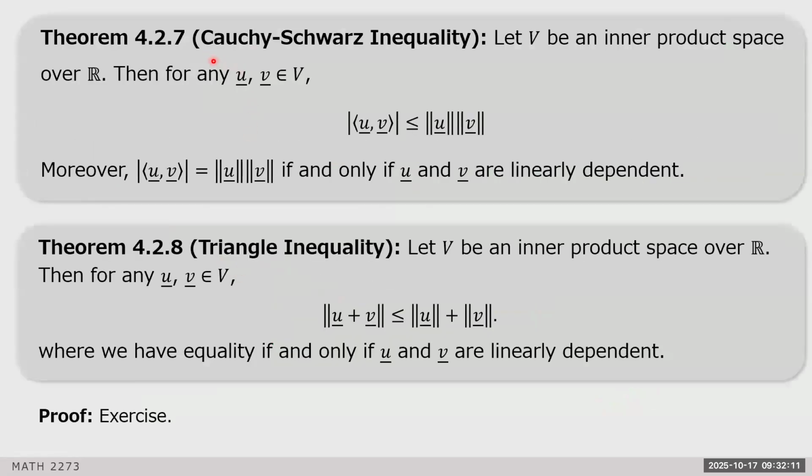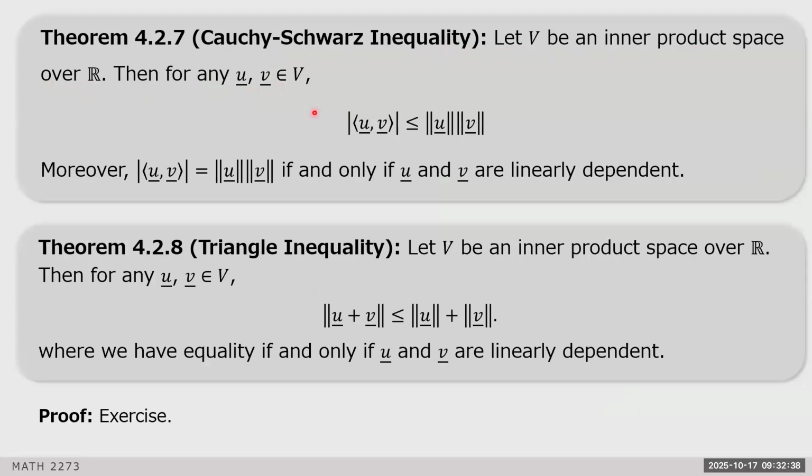From that, you can prove something called the Cauchy-Schwarz inequality, which I think you may have met in a first year course, maybe when you were studying complex numbers. So from the Pythagorean theorem, you can prove this. It says: let V be an inner product space over the real numbers.